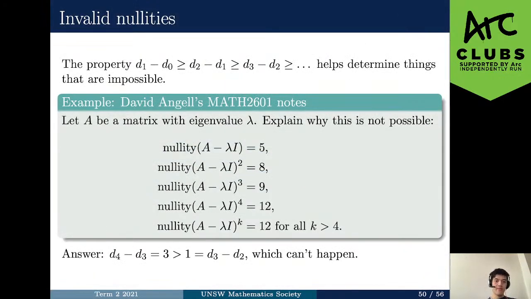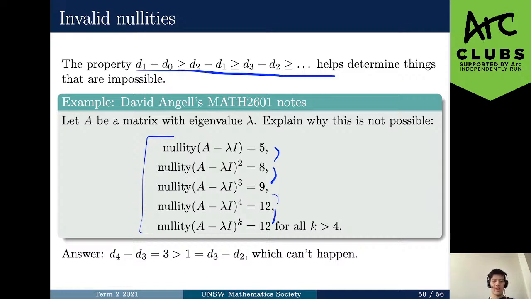Okay. Yeah, so using that same rule about the differences in nullities being non-increasing, sometimes they can give you a case and ask you, is this possible or not possible? If they ever ask you this, there are just 2 things you need to check. First of all, are these non-decreasing? Well, yeah, it's non-decreasing. It's never going down. That's the first rule.